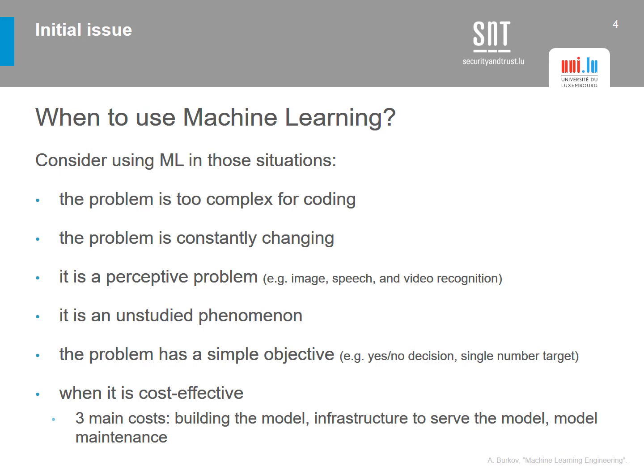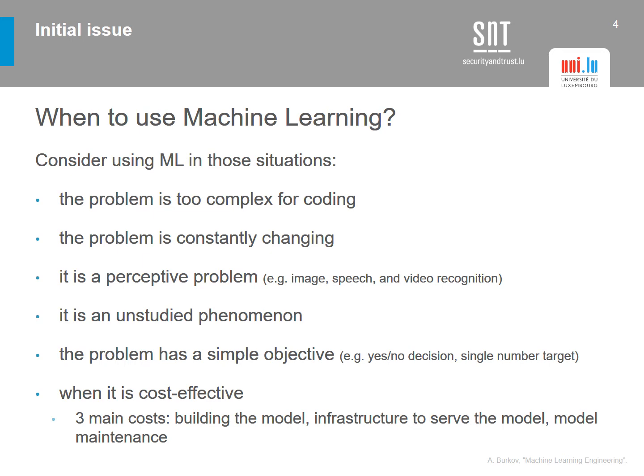Another cost we have to consider is model maintenance. Once we have developed our model, and once we have deployed it, we have to maintain it and monitor it, to see whether it is still performing the same way as it was in the beginning and as it was intended according to the data that it was trained on, or whether it needs to be trained on new data.